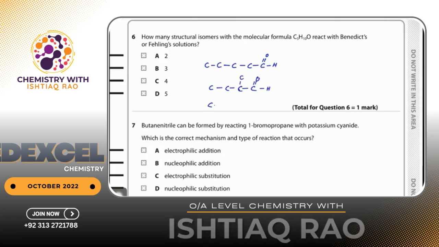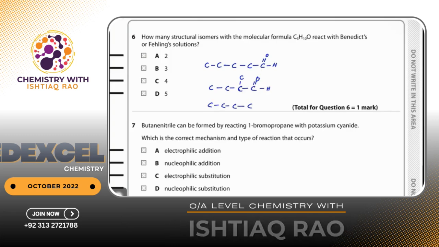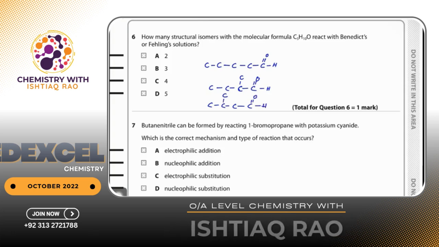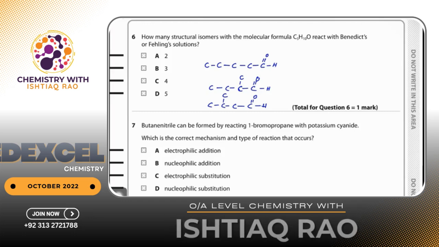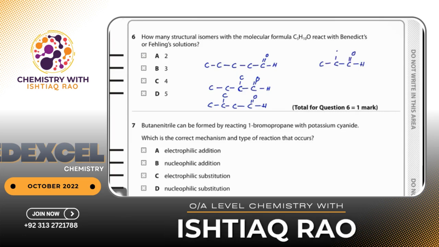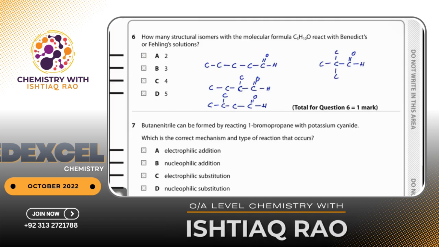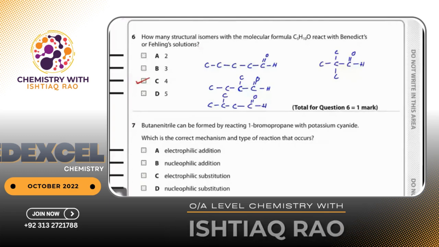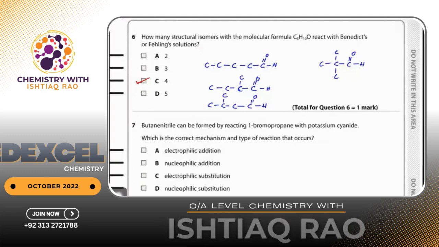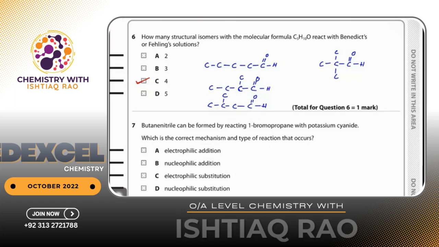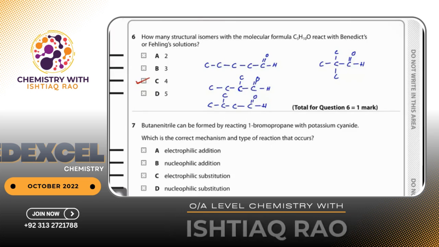Or it's a chain of 3 carbon atoms and I'm supposed to put two branches. It's the last possibility. So yes, the answer is four. Since they all are aldehydes, there is no other possibility except these four, and they can all react with Benedict's or Fehling's solution.